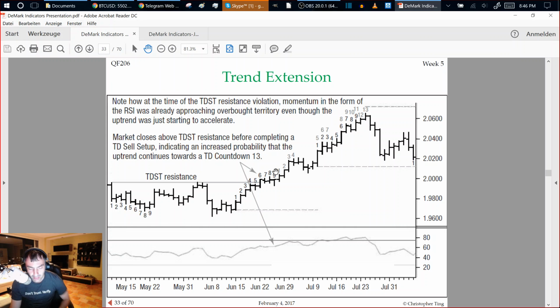Now Bloomberg does it differently. Their light numbers are the countdown to 13, and their dark numbers are the setup. But they just do it below the candles or above the candles. So this is the bullish setup, and the bullish setup led to the bullish countdown.